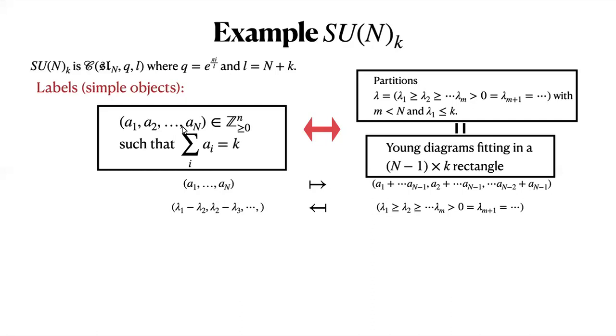The idea is that this sequence will be associated with a linear combination. In general, the simple representations of this category are associated with elements in some weight lattice. So these are the coefficients when you use the fundamental weights. There is another way to present exactly the same information.